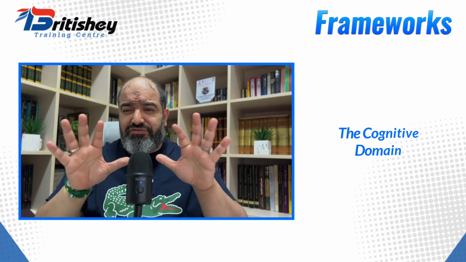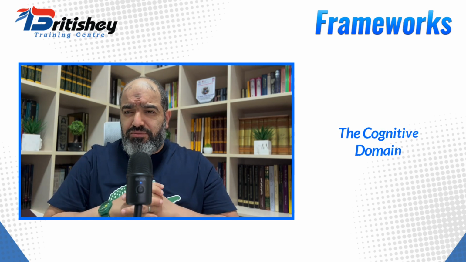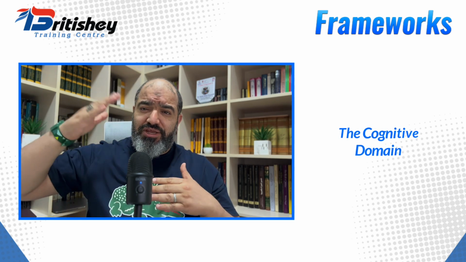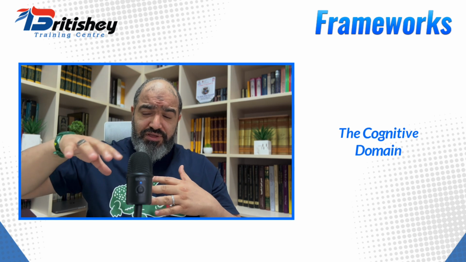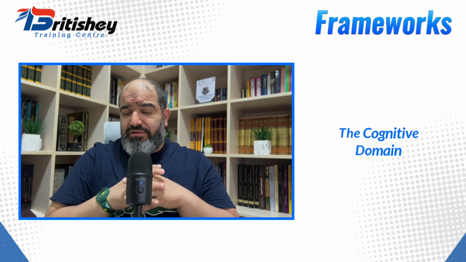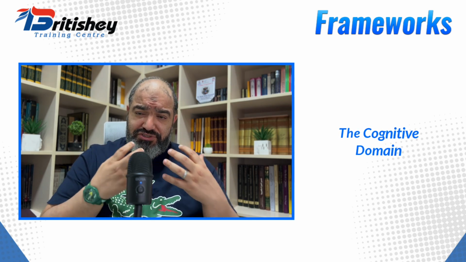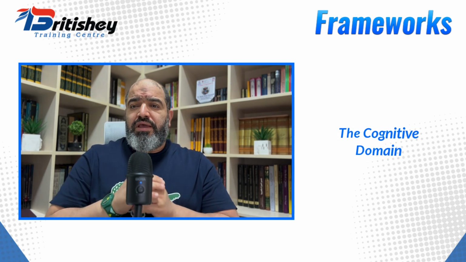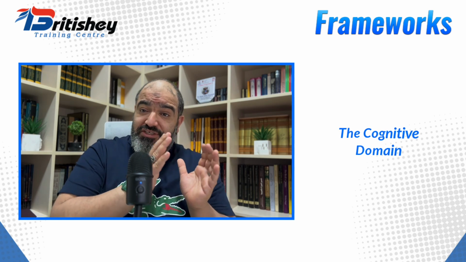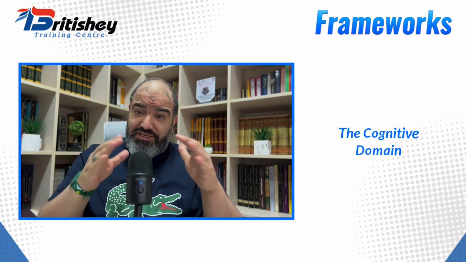The first stage is, of course, leading, and we talked about leading in so many episodes in this playlist of frameworks. And as we said before, leading is for the sake of generating students' interest in the topic. And then we will have 6 more stages, and these 6 stages are the Bloom's taxonomy stages or levels.